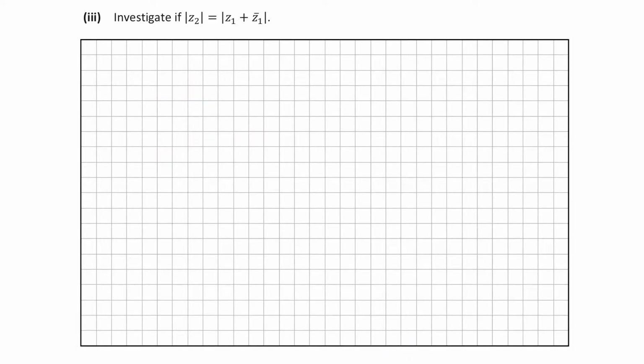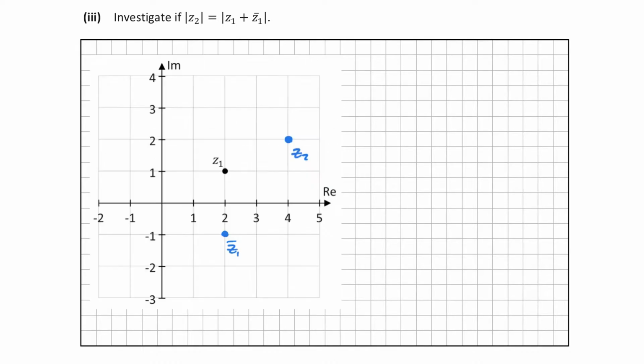So we look there at part 3. Part 3 says investigate if the modulus of z2 is equal to the modulus of z1 plus the conjugate of z1. Okay, so I just want to develop an understanding of what's going on there. If you just look at the Argand diagram, the modulus of z2, and you should know this from coordinate geometry, is the length of the line z2.